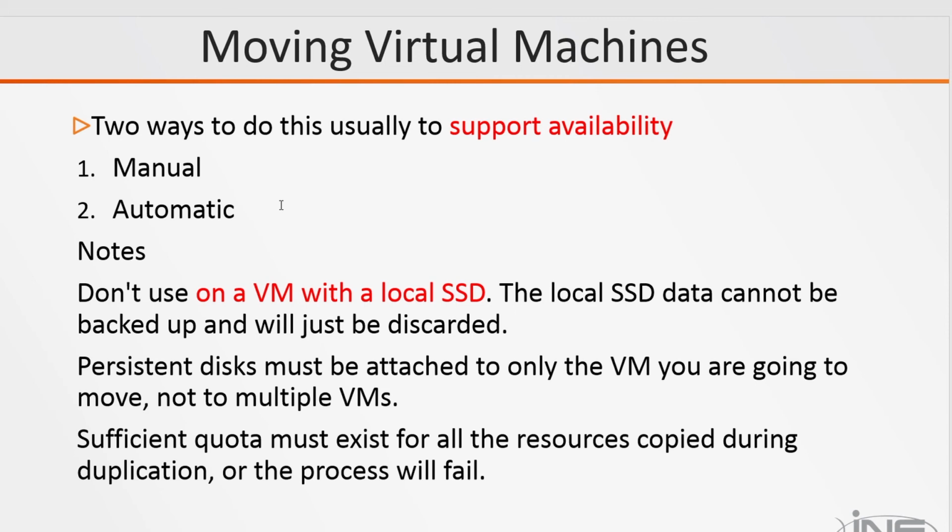Now, you don't typically want to use a virtual machine with a local SSD. You can't back up that SSD, and so that's one of the challenges. Anything kept on the local SSD is not going to be persistent between reboots. Persistent disk must be attached to the VM you're going to move, not to multiple VMs. So if you have a persistent disk, it can only be attached to one VM.